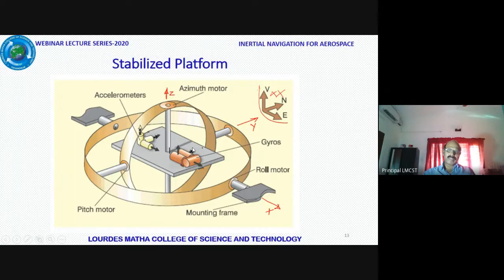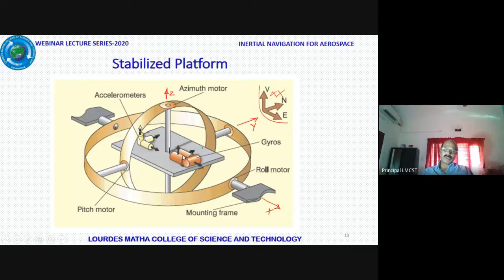Therefore, the range is required to be small, and also usually the bandwidth, the speed at which, because some damping happens over these hinges, and because of the damping, the bandwidth of the angular motion is also reduced. So the bandwidth required for this angular rate measurement at this platform is also small compared to a strap-down inertial system, wherein these sensors are strapped or tied down to the body axis itself.